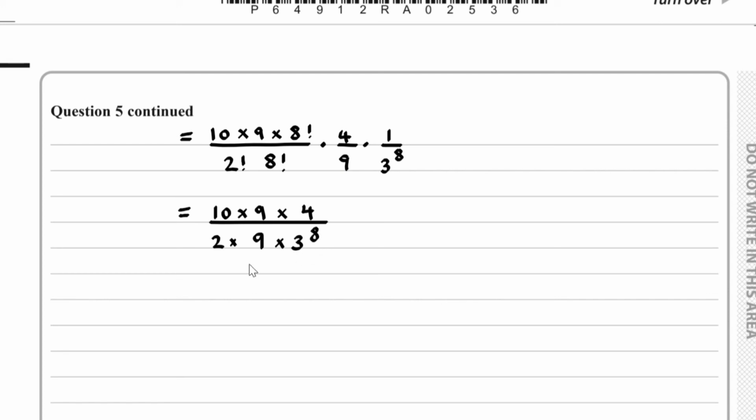So the 9's cancel. 10 times 4 over 2 is 20. So I've got 20 divided by 3 to the 8. This is our required probability.